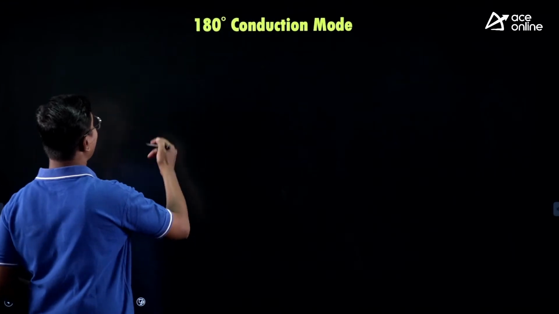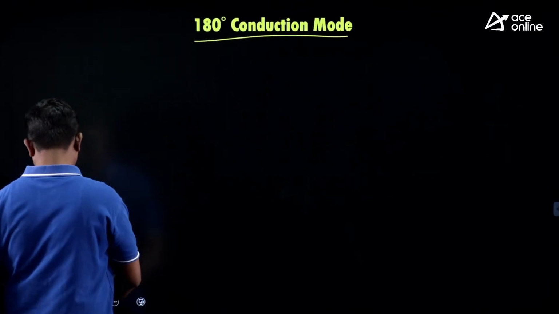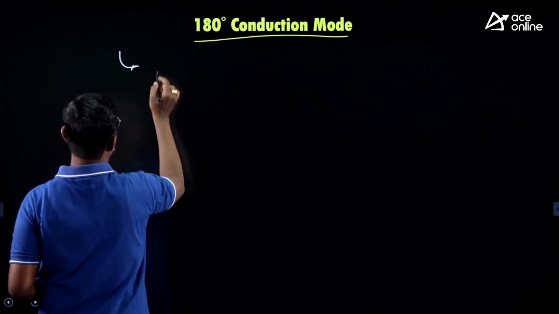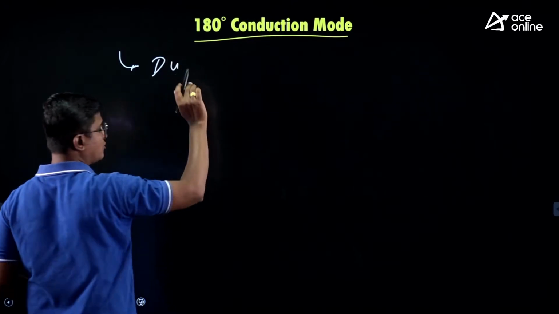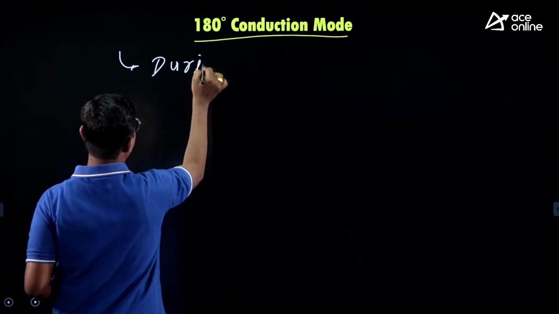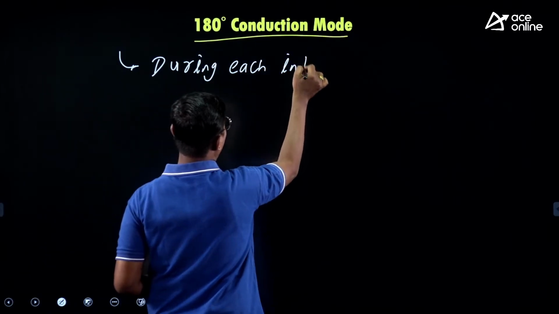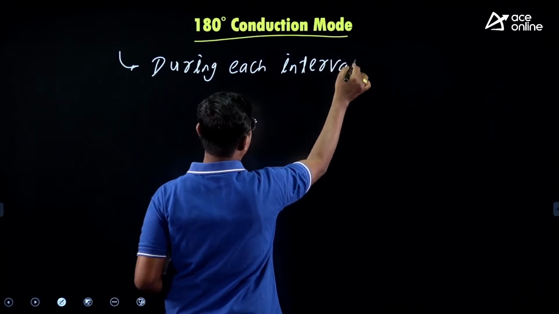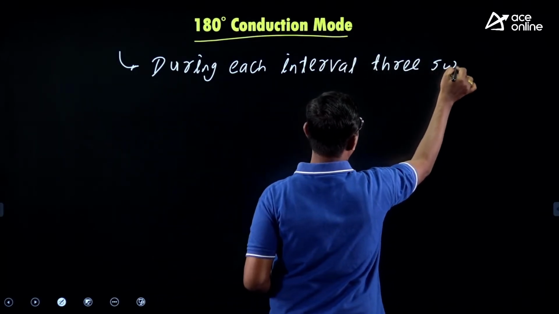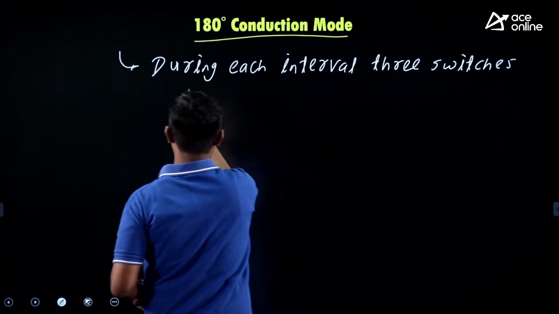Now in 180 degree conduction mode, the important points are, you can check the operation table. I am not writing the operation table here. During each interval, 3 switches conduct.